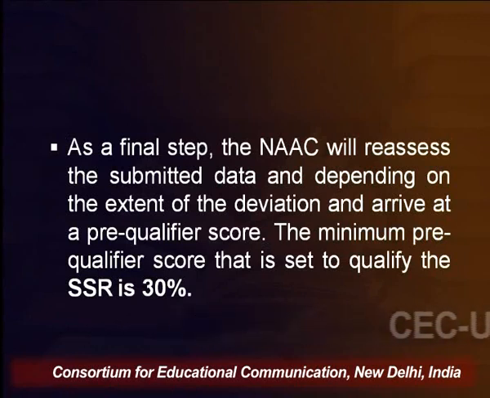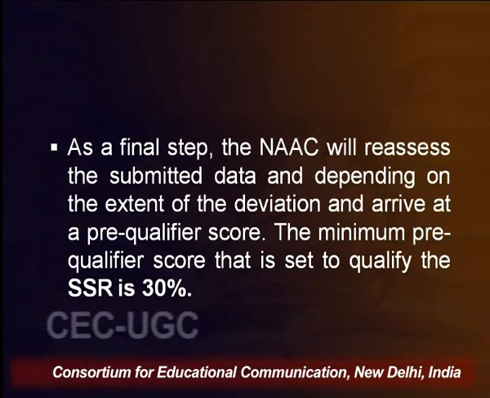at a pre-qualifier score. The minimum pre-qualifier score to qualify the SSR is 30%. The institution that secures a minimum of 30% pre-qualifier score based on the quantitative matrix will only qualify for on-site peer review assessment.